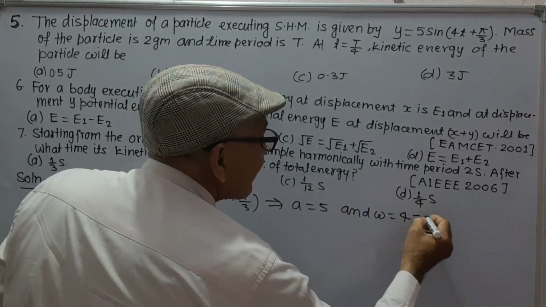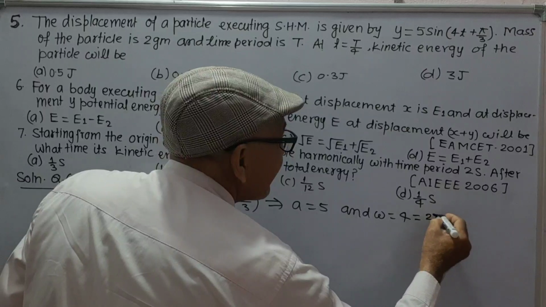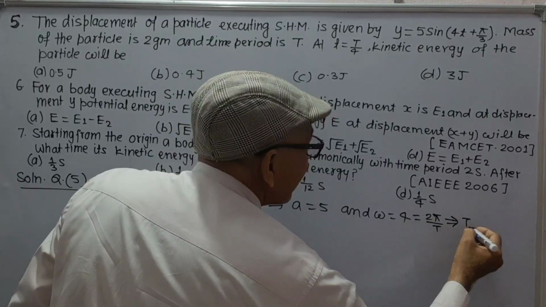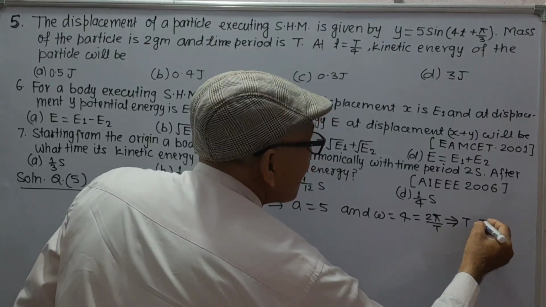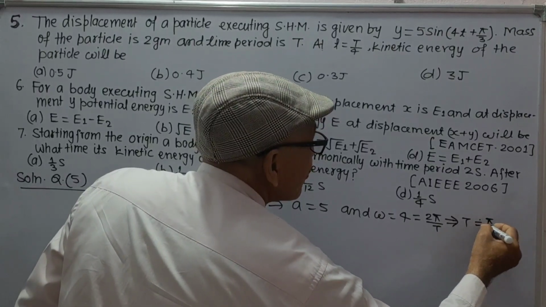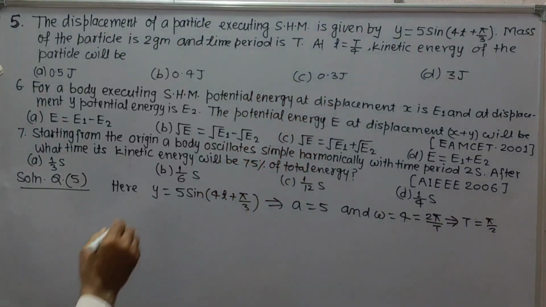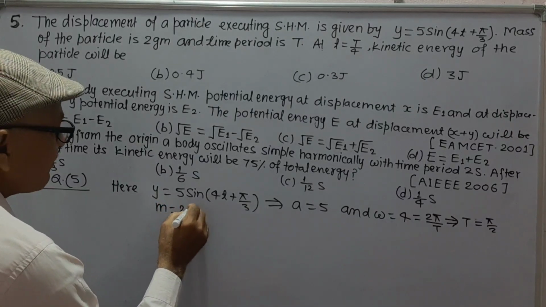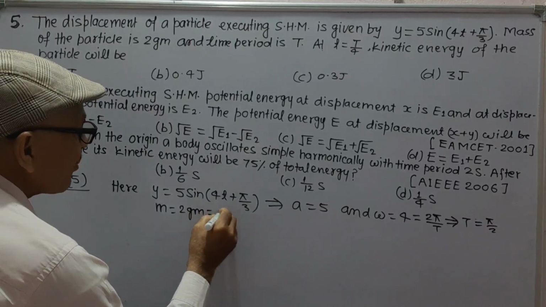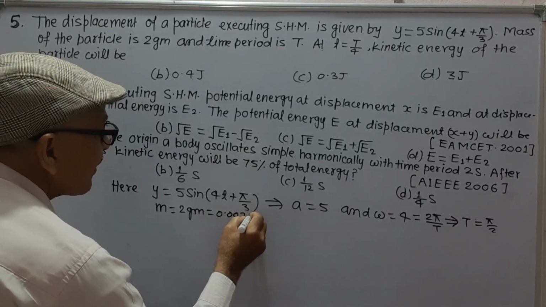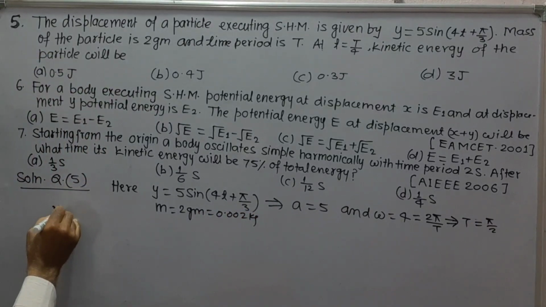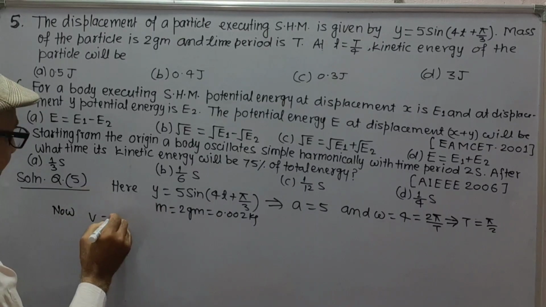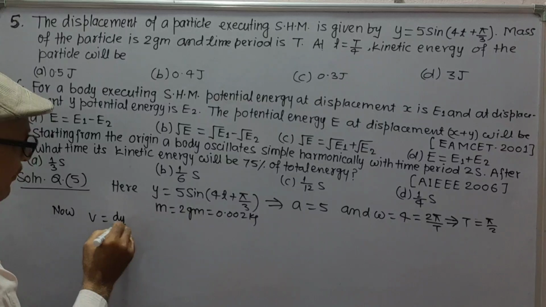So omega can be written as 2 pi by T, which gives T as pi by 2. Also mass is 2 gram, which is 0.002 kilogram. Now v will be equal to the velocity of the particle, dy upon dt.